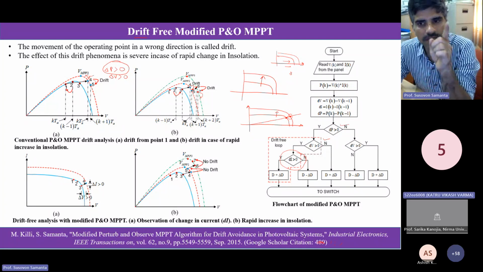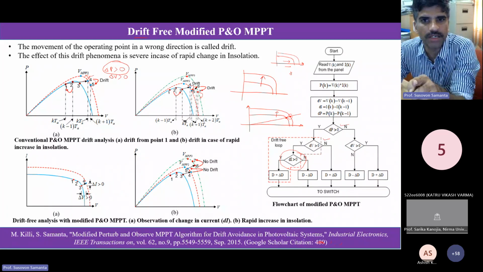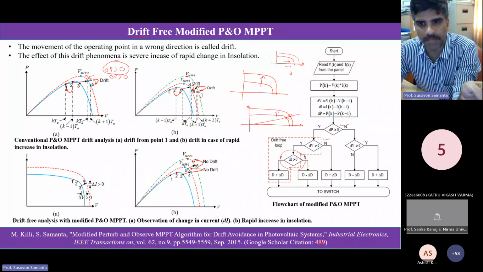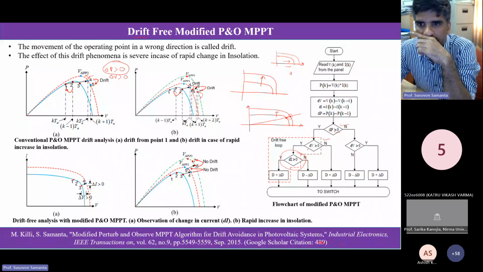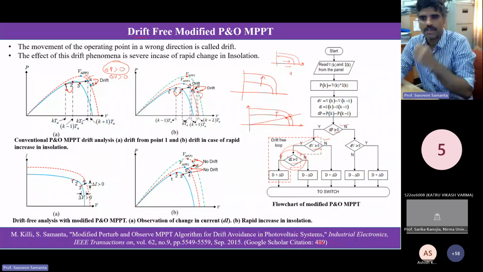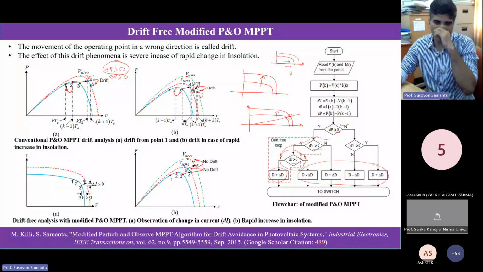And if there is a change in irradiation, then we should not increase the panel voltage; we should actually decrease the panel voltage. So if dP greater than 0, dV greater than 0, dI greater than 0, this means there is an increase in irradiation, so we should decrease the panel voltage. Otherwise, the rest is the same as the normal MPPT algorithm.